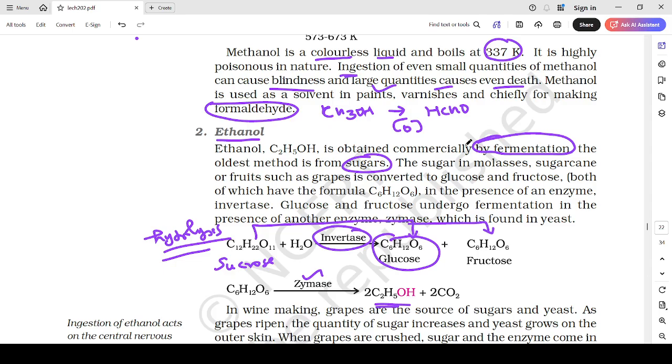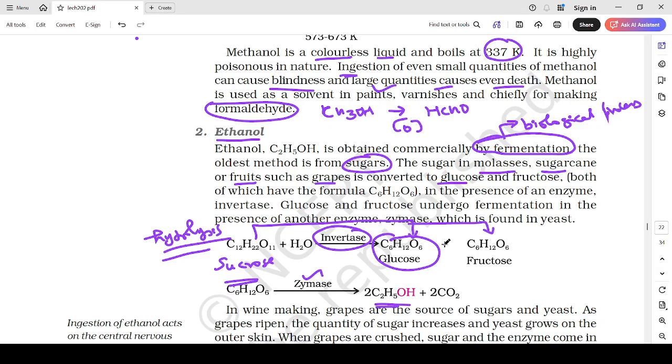Okay, so ethanol commercially we do by fermentation from sugars. The sugars in molasses, sugar cane. That's the reason you call it sucrose itself, right? You get it from sugar cane. Or fruits such as grapes is converted into glucose. Fermentation is a biological process where the enzymes work.